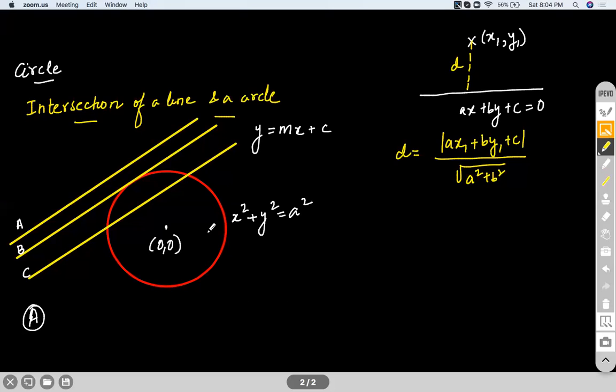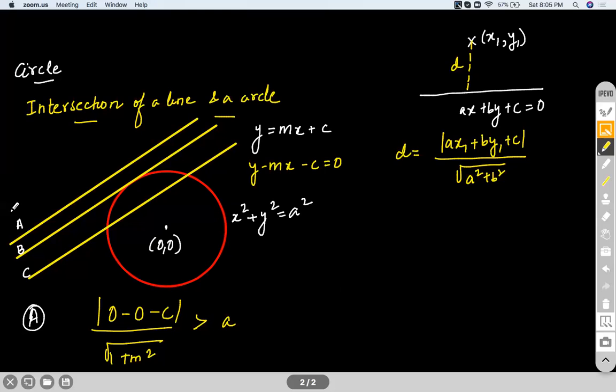The distance of the origin from this line: first, I would write the line in general form, where you bring everything to one side and put 0 on the other. Now x1, y1 is 0, 0, and the line is ax plus by plus c equal to 0. When you put it in, the distance is mod c by under root of 1 plus m square. Can I say this distance must be greater than the radius of the circle?